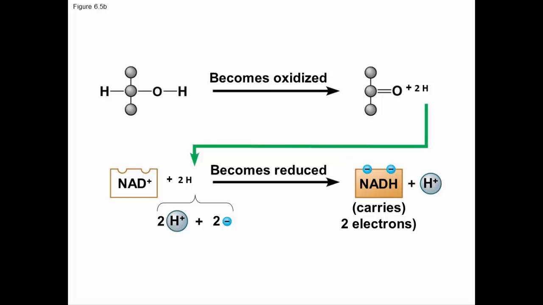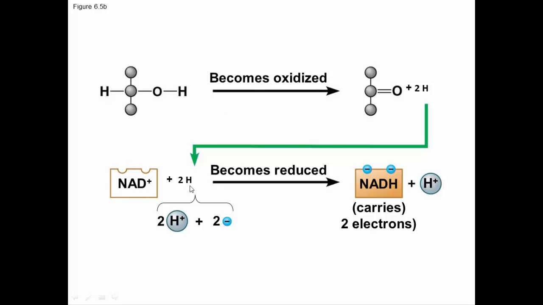Looking at a little bit more of a zoomed in picture, here we have a 3-carbon molecule that's very common in cellular respiration. That becomes oxidized and loses some electrons. We then have a molecule called NAD+ pick up those electrons. So again, we have this 3-carbon molecule being oxidized, and we have something being reduced.